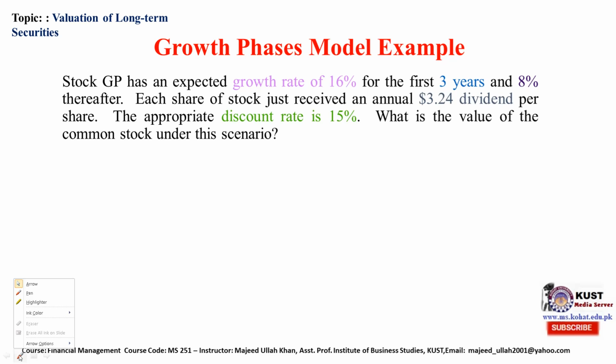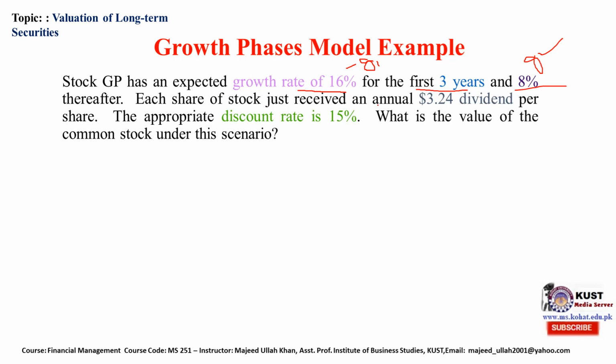Example: stock GP, meaning growth phase model, has an expected growth rate of 16% for the first 3 years. This is called G1. For the first 3 years it will be 16%, and 8% thereafter. This is called G2.